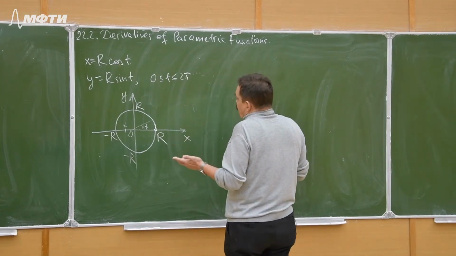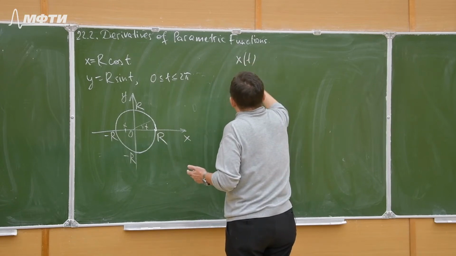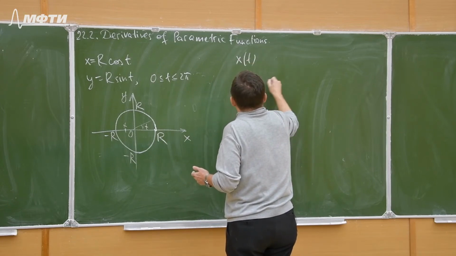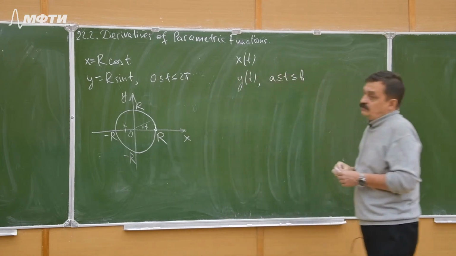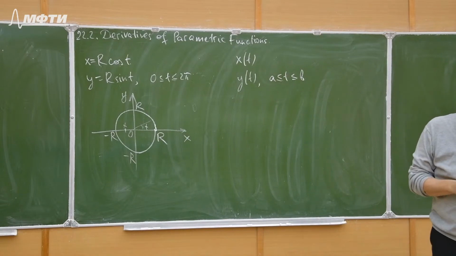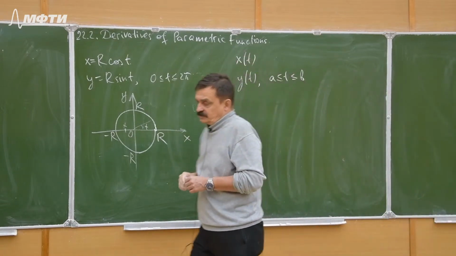So what is it in general? In general, we have x of t, y of t. T varies, let's say, from a to b. And that is a general parametric function.